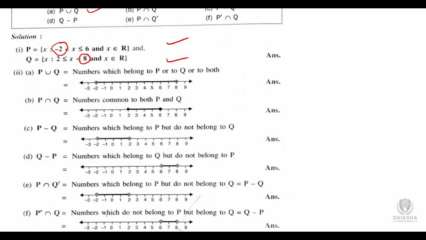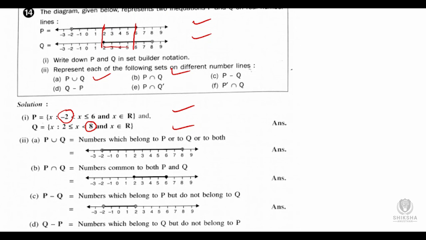Now P minus Q. P minus Q means we need to subtract Q from P. So what happens when you subtract Q from P? We know that P comes from here and Q starts from here till here.